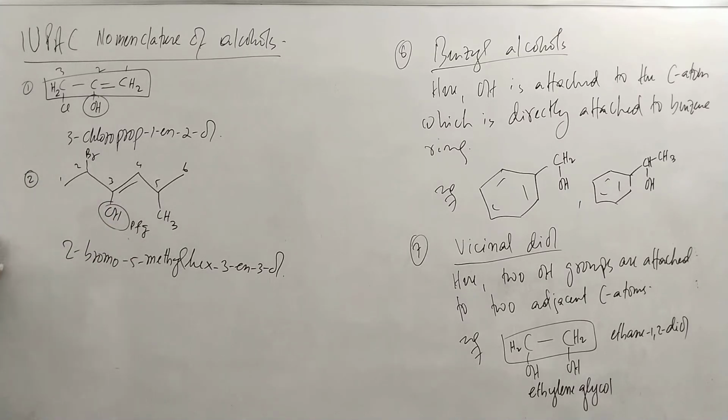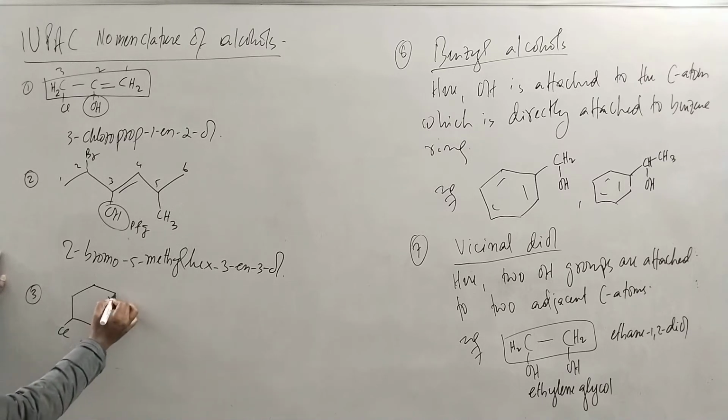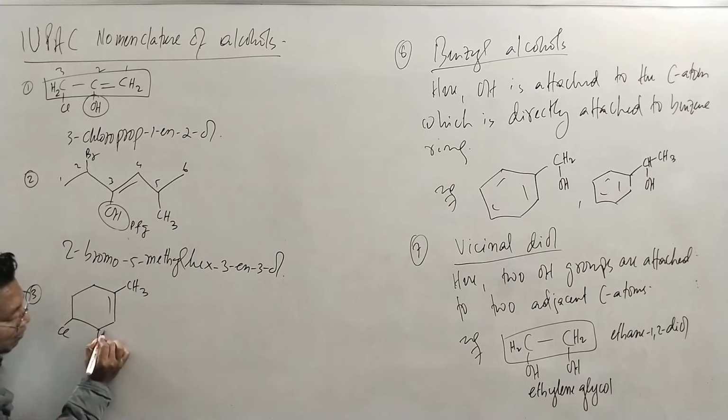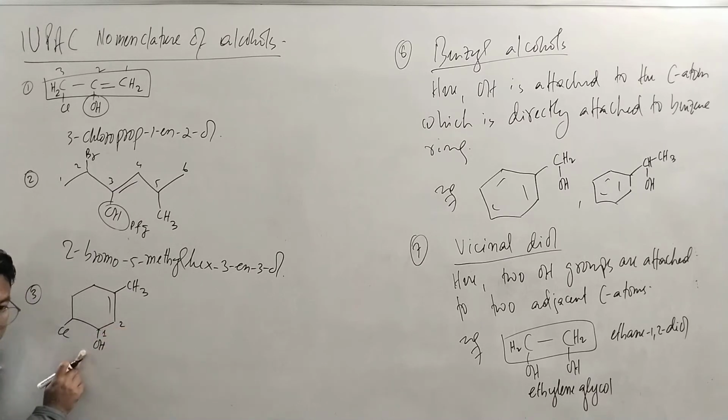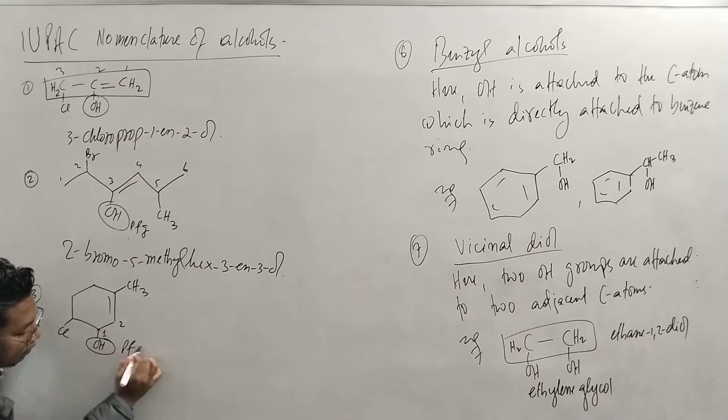Okay, let us name this compound. This is double bond. This is OH. This is Cl. Okay. Name this compound. 1 must be given to this carbon atom. Okay. 2 because OH is attached, and this is our principal functional group.